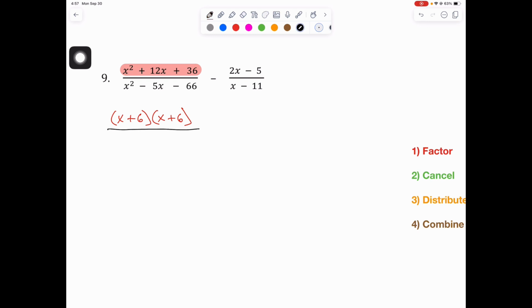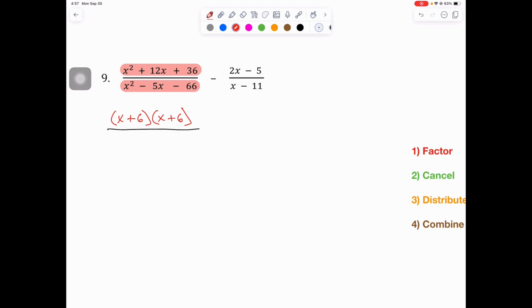All right. Then we need to factor our other quadratic here on the bottom. So now we need the factors of negative 66, so that when multiplied, they give us negative 66, but when added, get us to negative 5. 1 and 66, 2 and 33, 3 and 22.